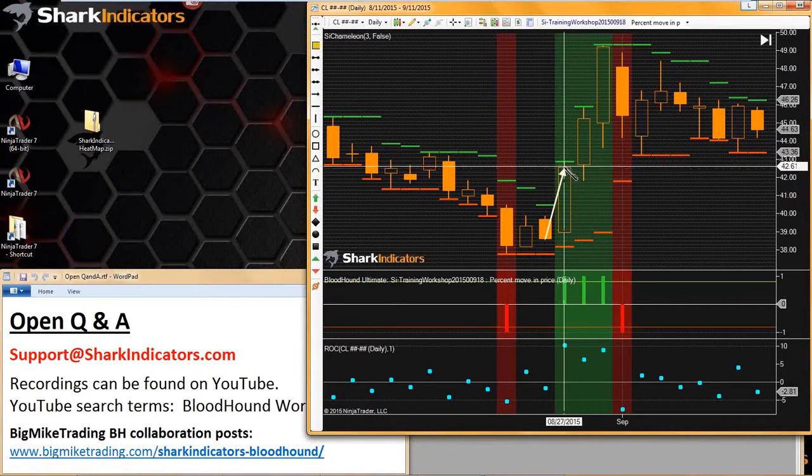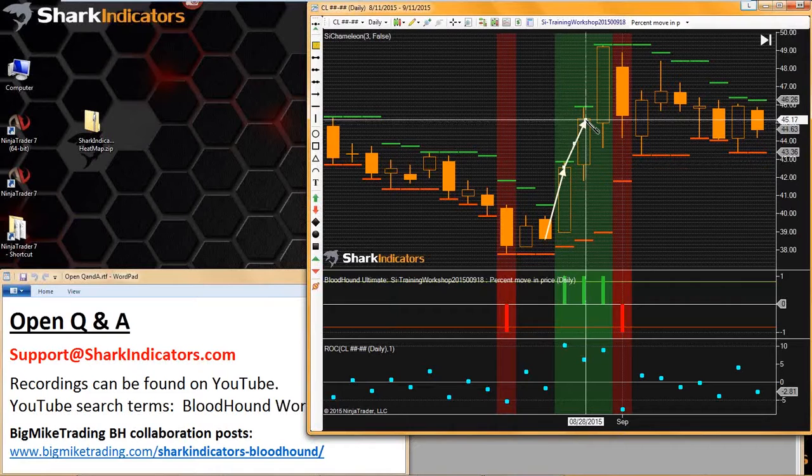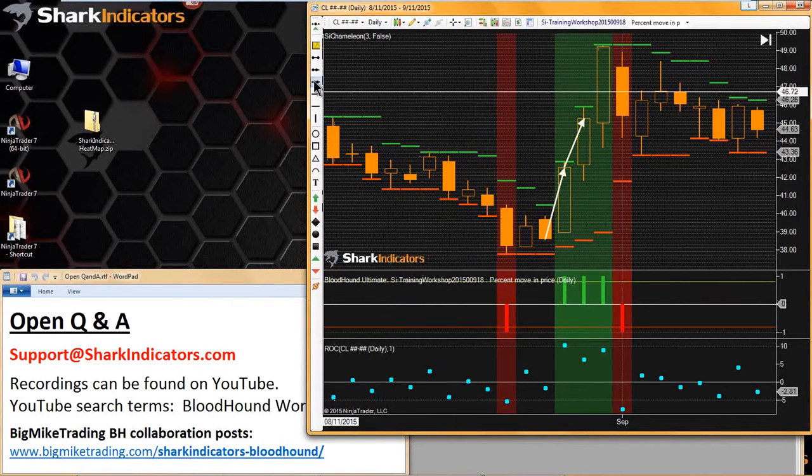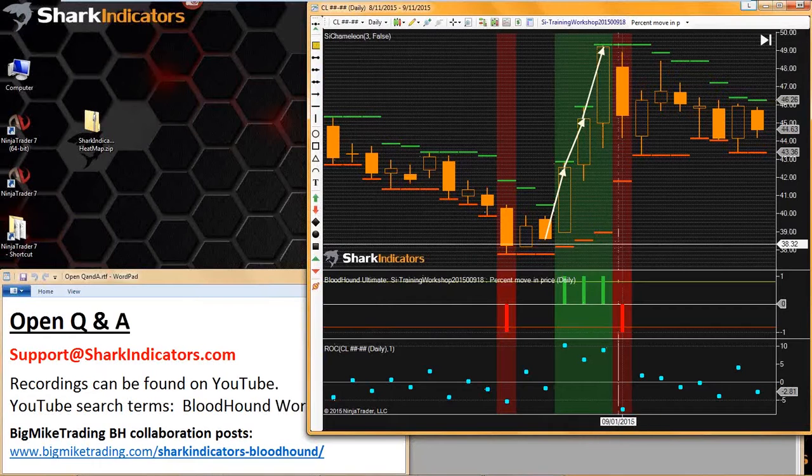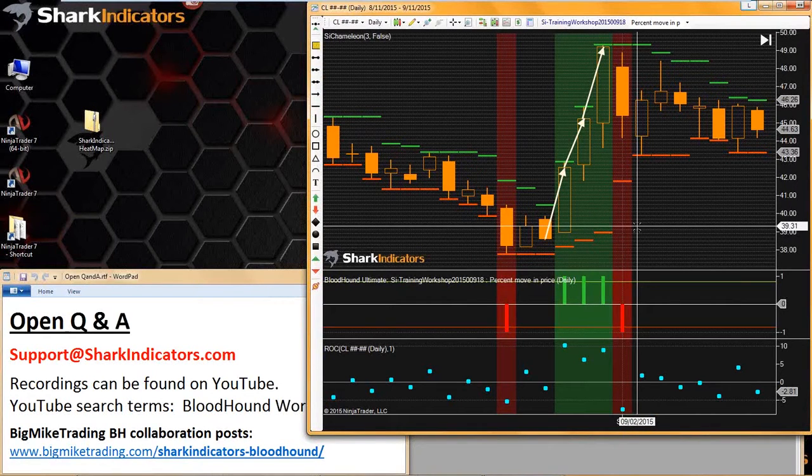So I'm drawing the arrows at the closing price of the bar. That's what our rate of change is. I'm sure it's just looking at the closing prices, as most indicators do, so we can see from one close to another close, like so.